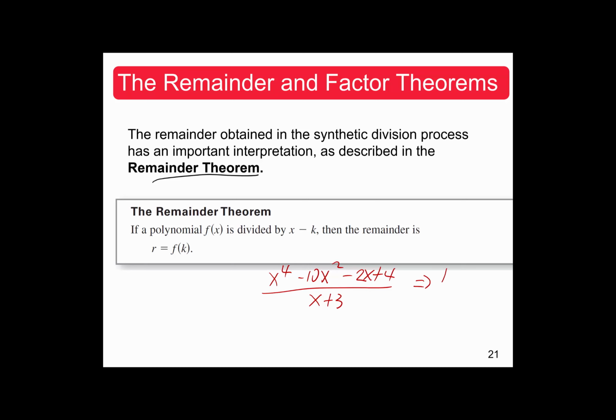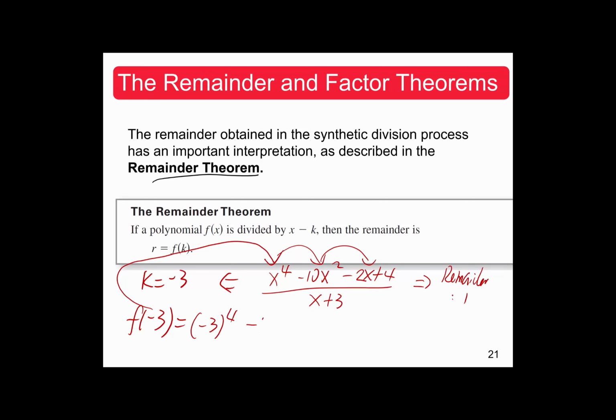We know that the remainder is 1. Now, k is negative 3, so we look at f of negative 3. According to the remainder theorem, f of negative 3 should be 1, but let's double check it. Right here, you just replace x with negative 3, here, here, and here. So you look at negative 3 to the 4th power minus 10 times negative 3 to the 2nd power minus 2 times negative 3 plus 4.